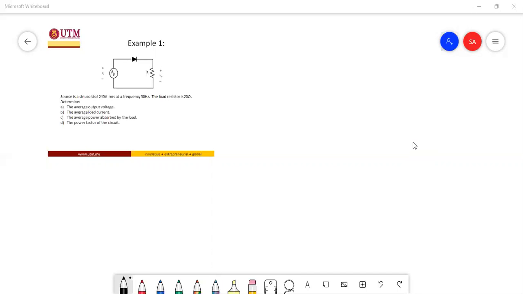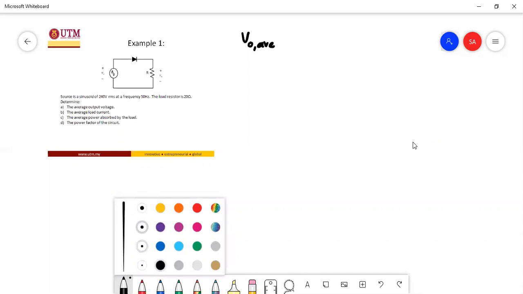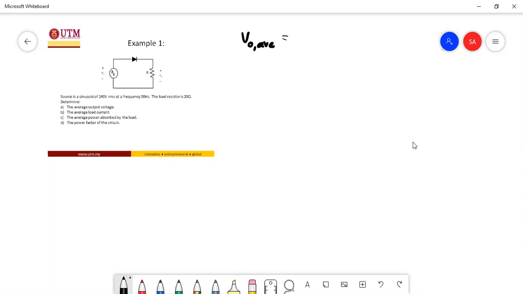Referring to the notes, we already know that V out average is Vm over pi, while for V out RMS, it is Vm over 2. For the first question, the average output voltage, we definitely need to use the first equation here.